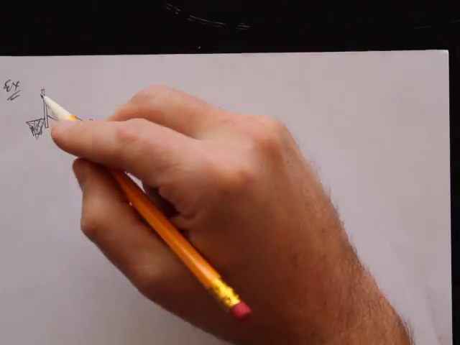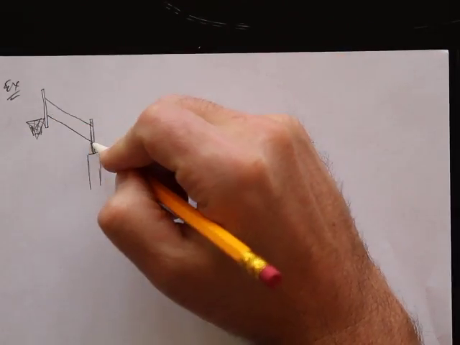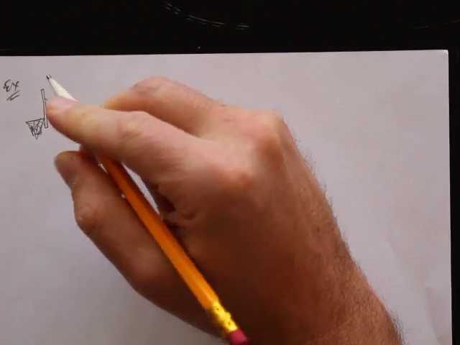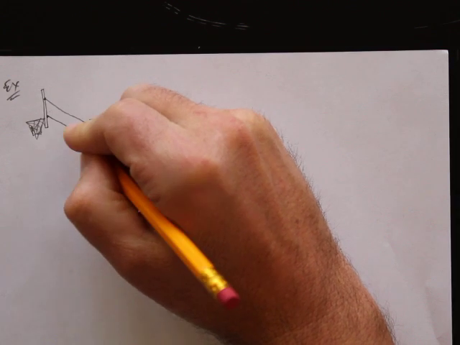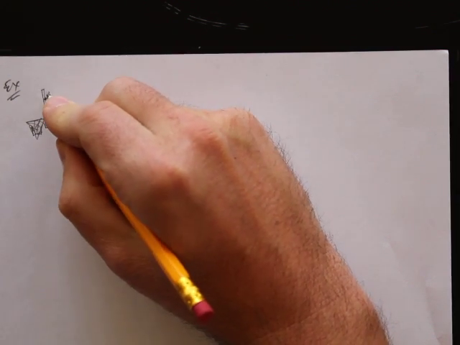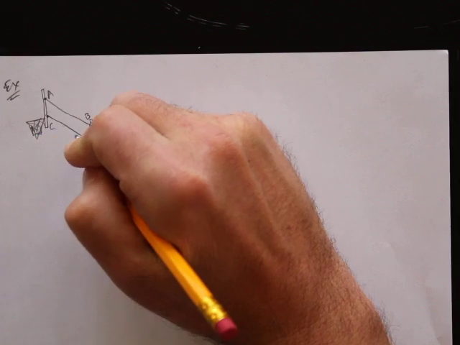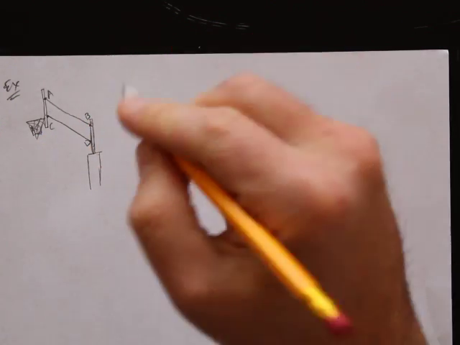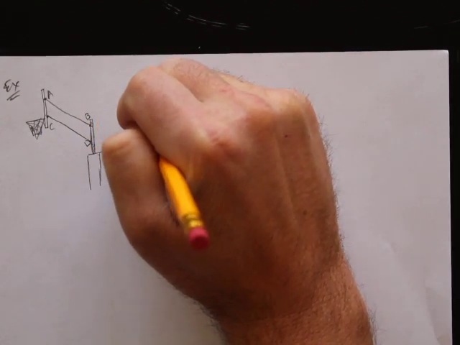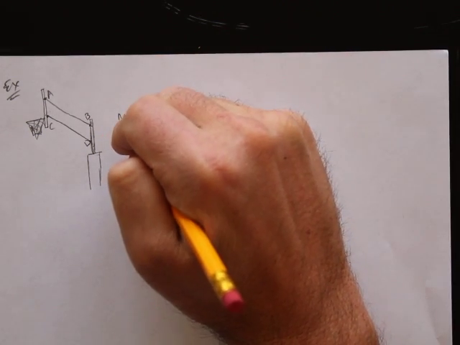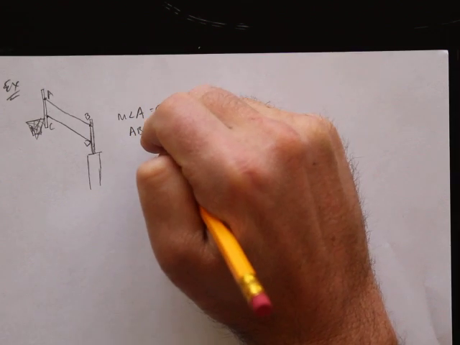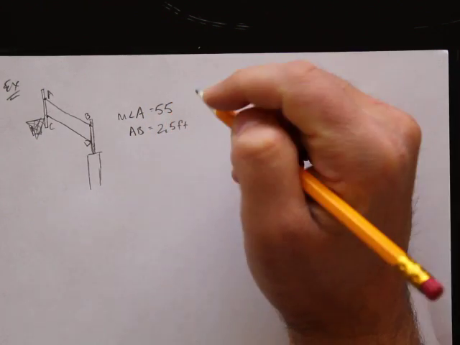So we have here, formed by these two poles, a parallelogram. These points here are the vertices of this parallelogram: A, B, C, and D. Measure of angle A is 55 degrees. The distance between A and B is 2.5 feet.